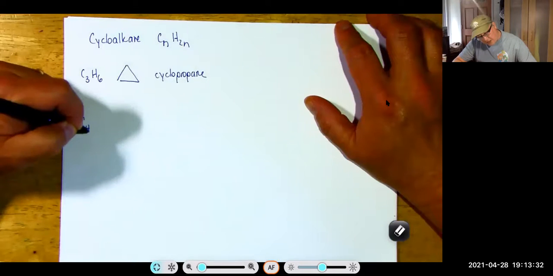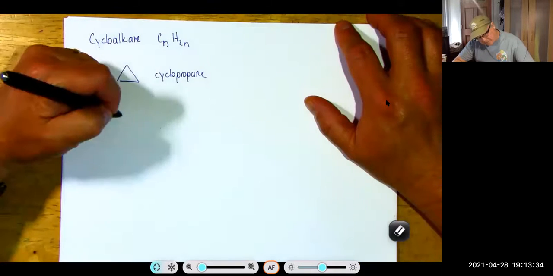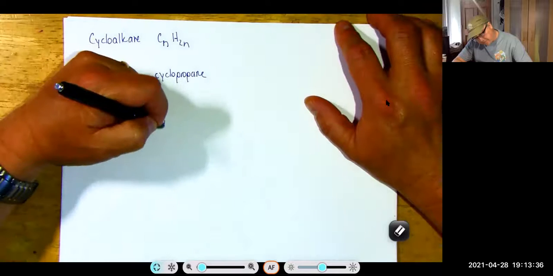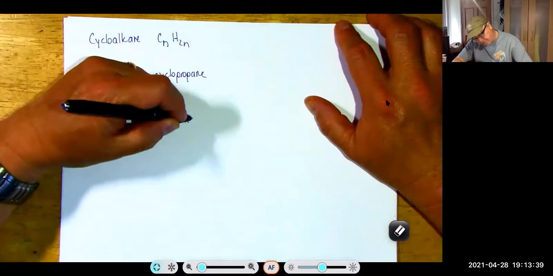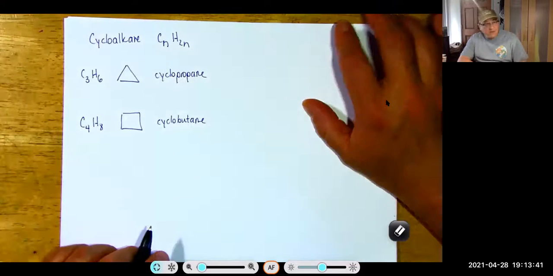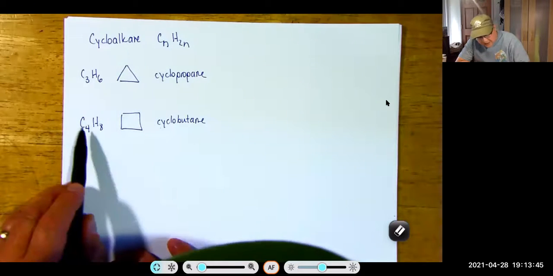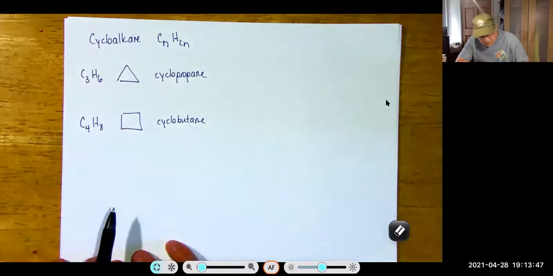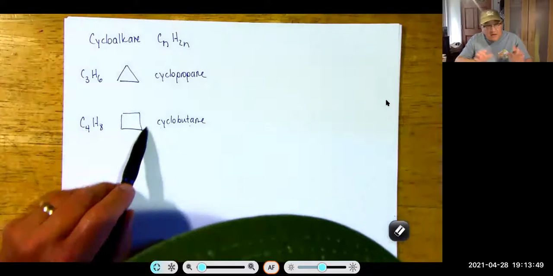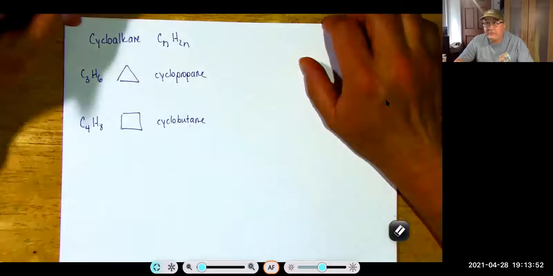Now C4H8. So do you see the name is just like a 4-carbon chain in that it's called butane, but because the carbons form kind of a circle, we call it cyclo.